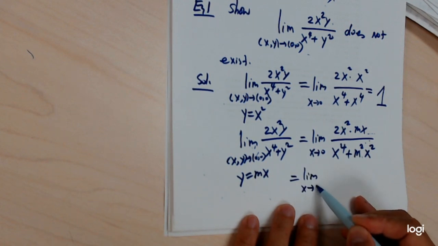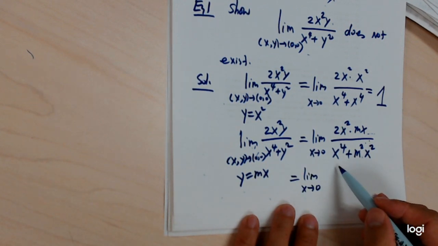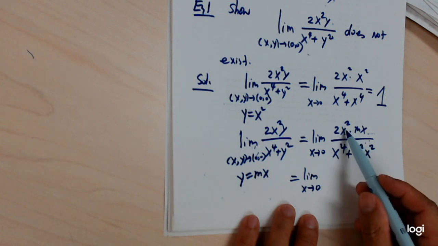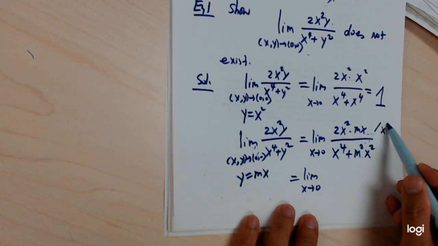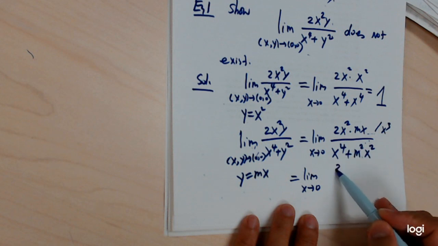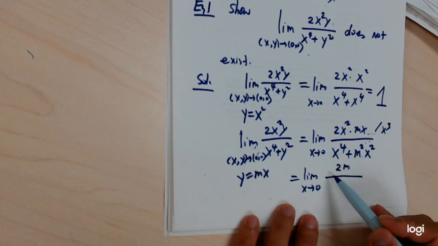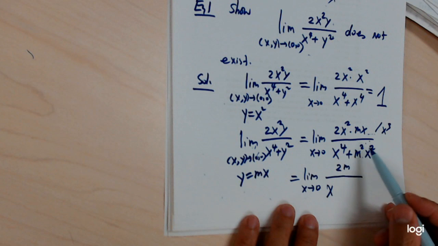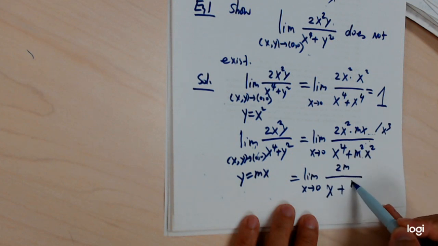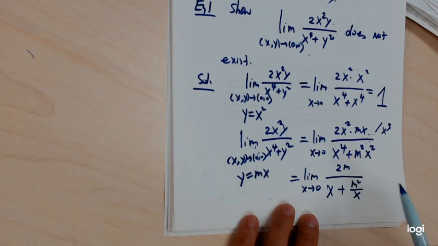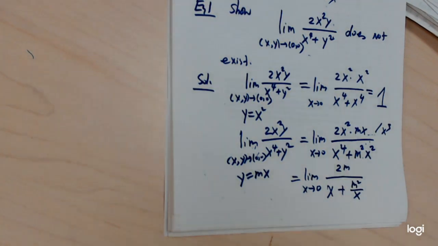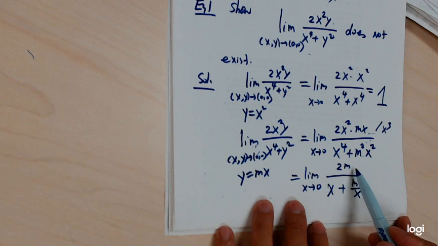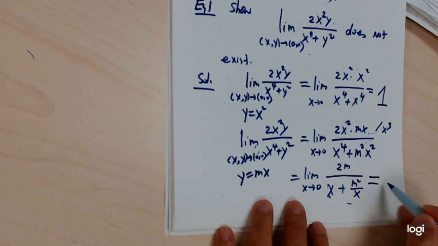And this becomes a single variable limit. You divide the top and the bottom by x squared, and you get m on the top, and this term becomes m squared over x squared. What is the limit of this when x goes to 0? The fixed number on the top stays, but the denominator term goes to infinity. So the limit turns out to be 0.